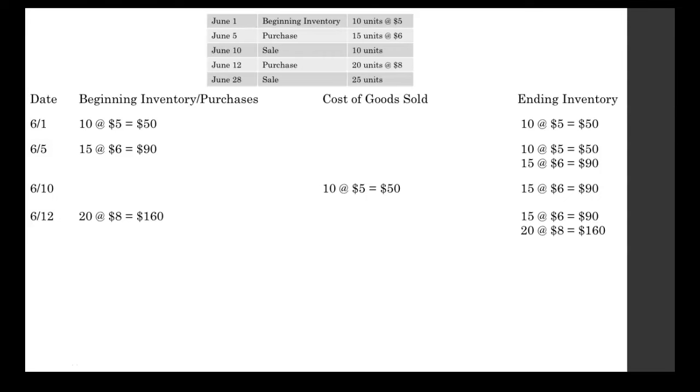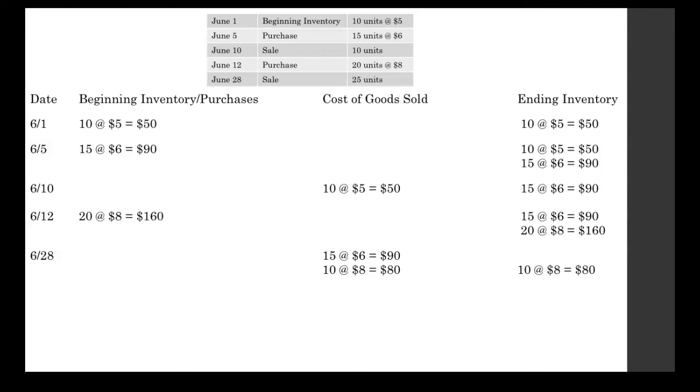Now, on June 28th, we made another sale. We sold 25 units this time. Remember, we're still using FIFO, so the first units that came in are the first ones that go out. So, since we need to sell 25 units, they're going to have to come from two different inventory groups, two different costs. So the first group that came in were those at $6. So we are going to sell all 15 units that we have at $6 a piece. So those are being sold.